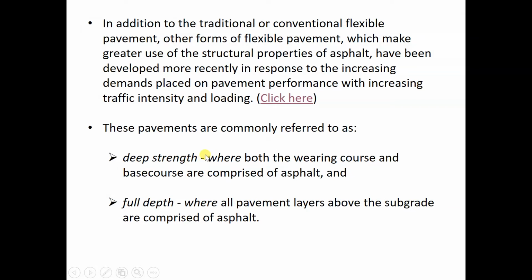So for the deep strength, the base course, apart from the wearing course, is also mixed with bitumen, so it becomes a sort of asphalt, but it may not be as strong as the wearing course. For full depth, all the pavement layers above the subgrade are comprised of asphalt. So the bottom also has bitumen mixed in, so they become bound and strengthened.